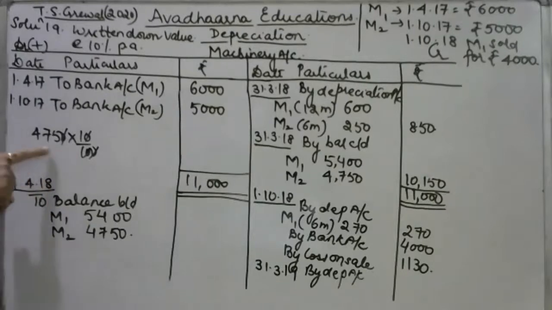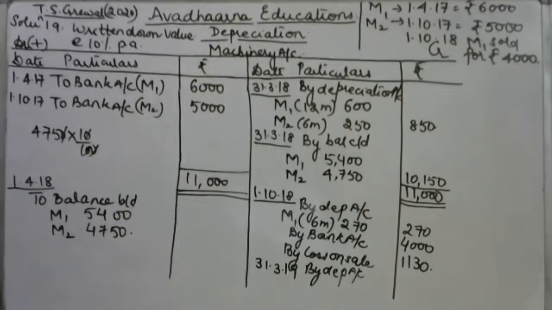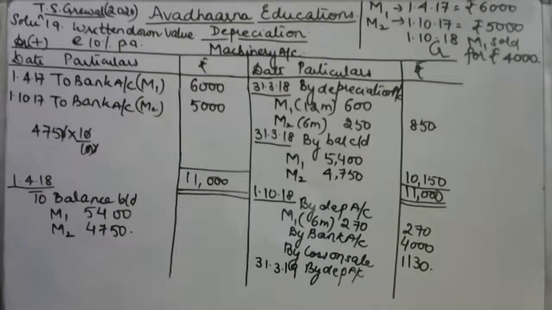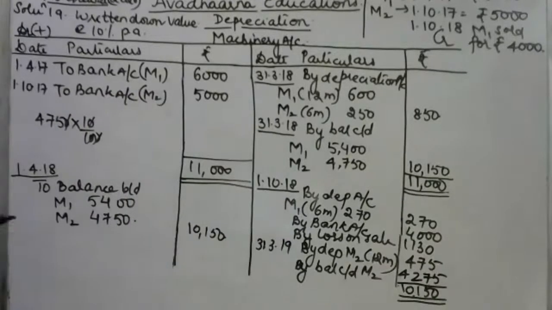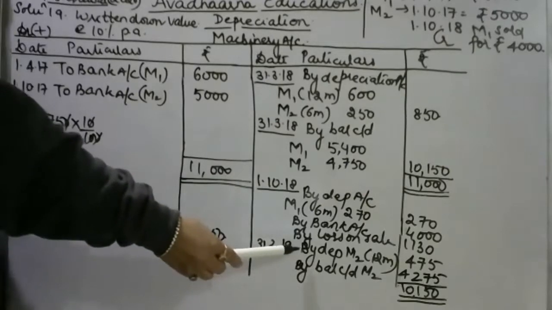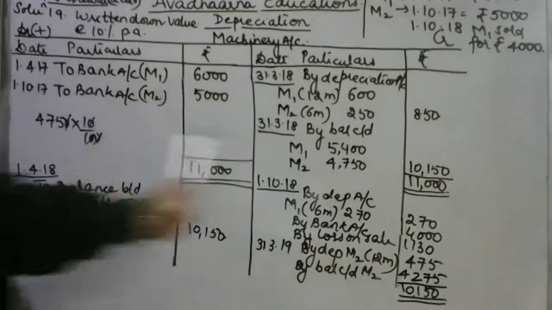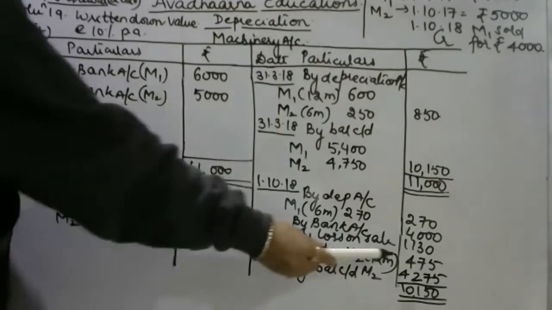It will be 475. So we have charged this depreciation on the second machinery M2 for 12 months. It is 475.